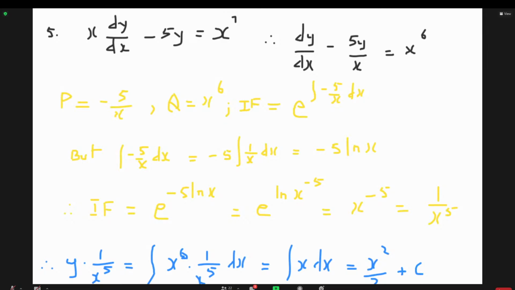Right? I'm just going to put it up here in red. So therefore y is equal to x to the 7 on 2 plus c x to the power of 5.